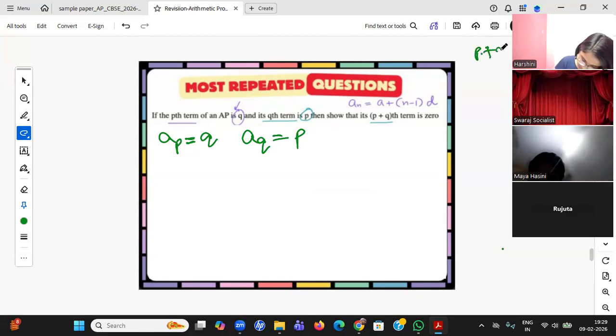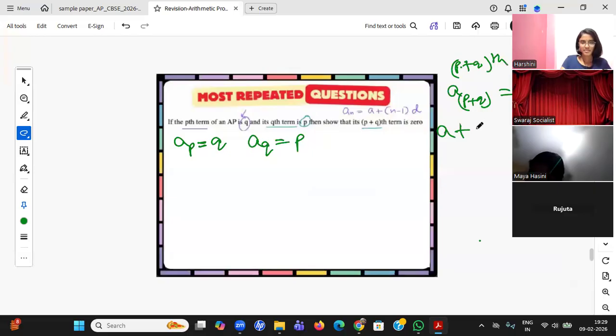Now he is asking, show that the P plus qth term is 0. Yes, Harshini, can you tell me the formula for the P plus qth term? For that, it will be a plus P plus q minus 1 into d.